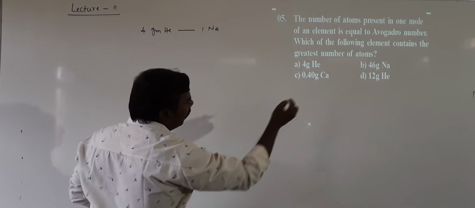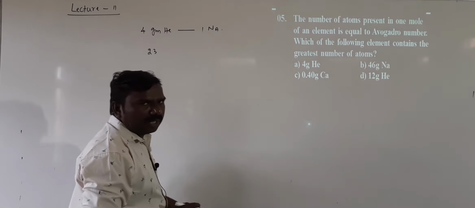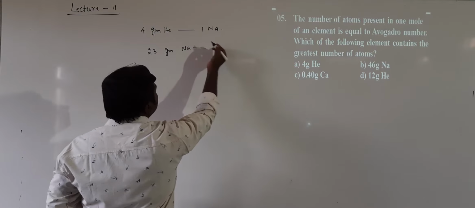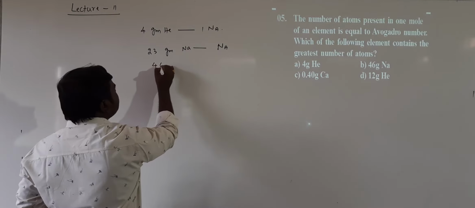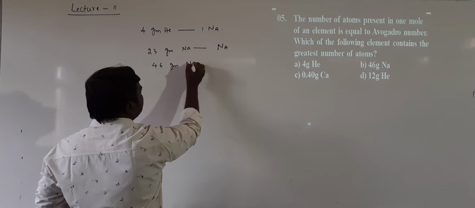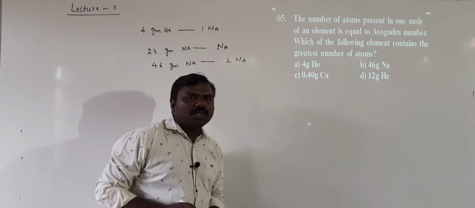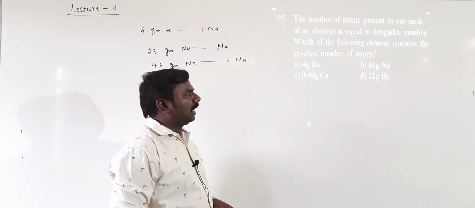Next, 46 grams of sodium. Generally molar mass of sodium is 23. 23 grams of sodium contains Avogadro number of sodium atoms. 46 grams of sodium contains totally 2 into Avogadro. It means 2 into 6.023 into 10 to the power of 23 atoms.